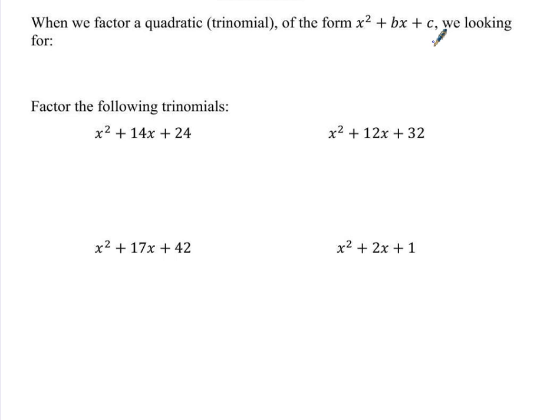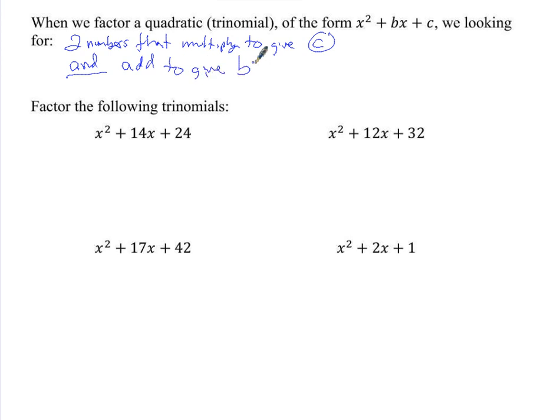If that's the case, then we can split this into a FOIL problem by looking for two numbers that multiply to give c. And at the same time, those same two numbers add to give b.